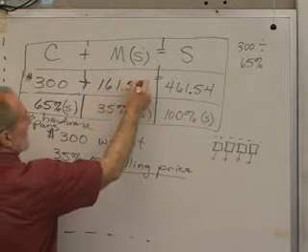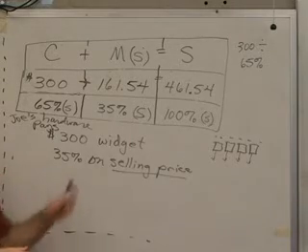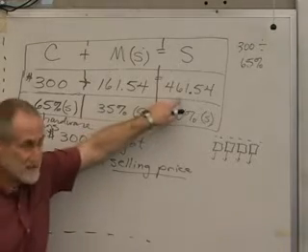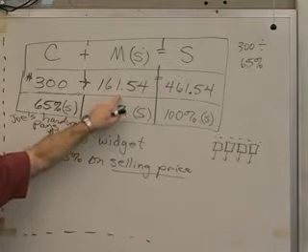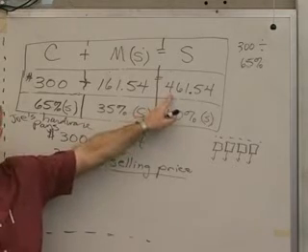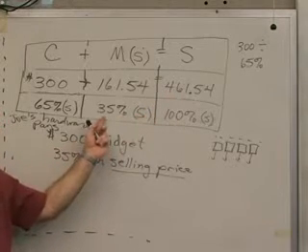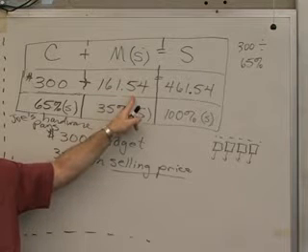Now, just out of curiosity, let's see how close it checks. 35% times that selling price should be this. It might be off by a penny because we might have rounded this. So let's try 461.54 times 35%. Is it this number to the nearest penny, or is it a penny off?